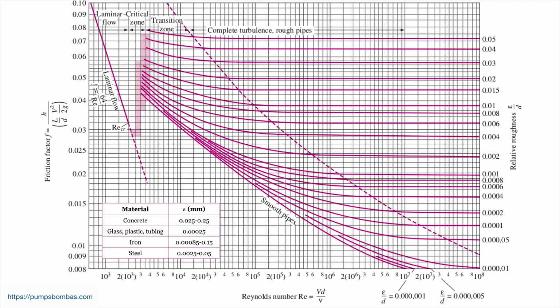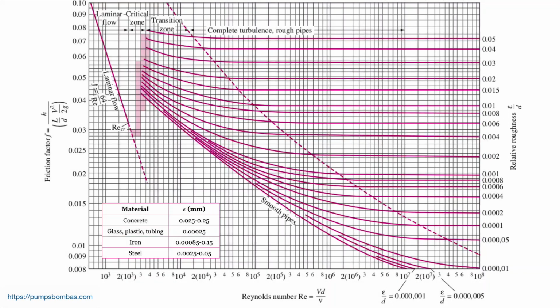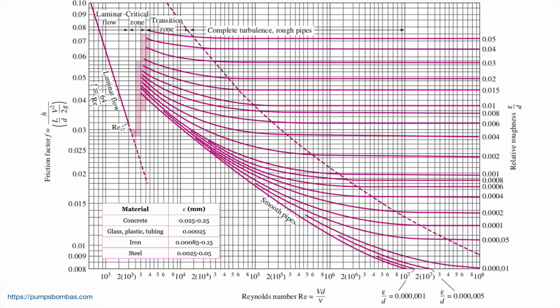In the right vertical axis, we have the relative roughness, I mean the absolute roughness epsilon divided by diameter D. And in the horizontal axis, we have the Reynolds number Re, that is equal to velocity multiplied by diameter divided by kinematic viscosity, or the relation between inertial forces and the viscous forces.